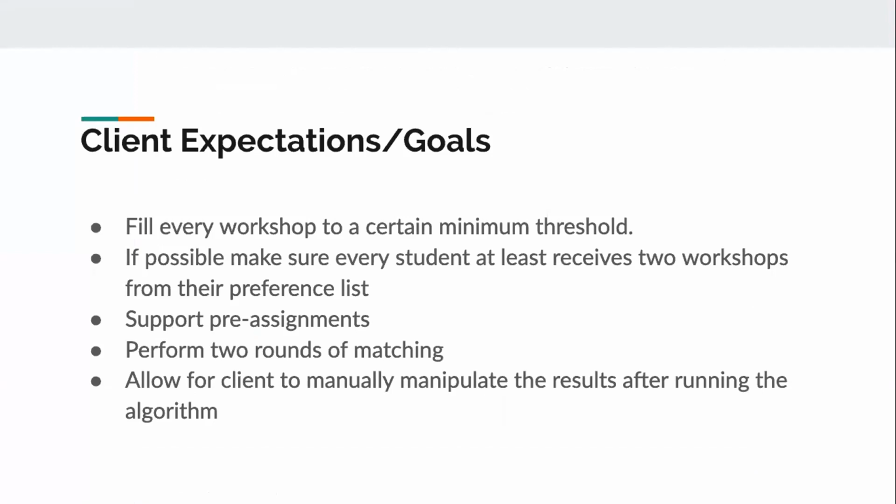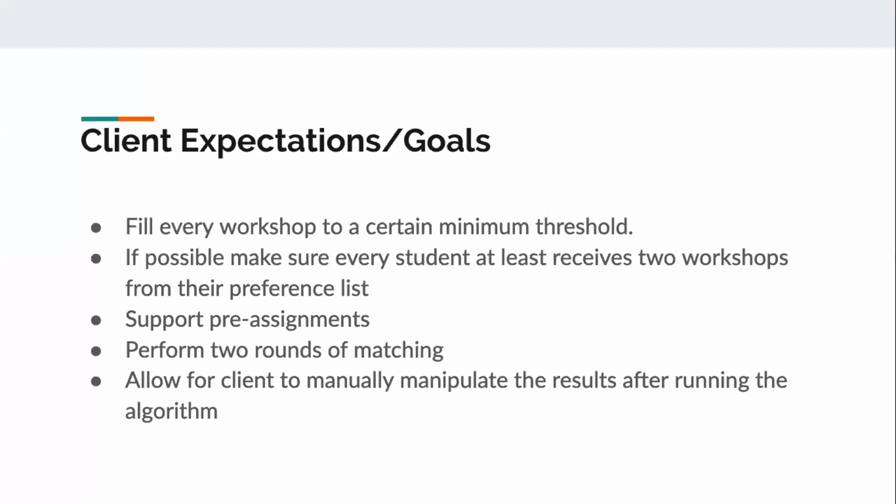So in talking to our clients about what the focus of our algorithm should be, which is an extension of what Isaiah talked about in the problem, we have to fill every workshop to a certain minimum threshold, or given a certain ratio of students, each workshop has to be filled proportionally.